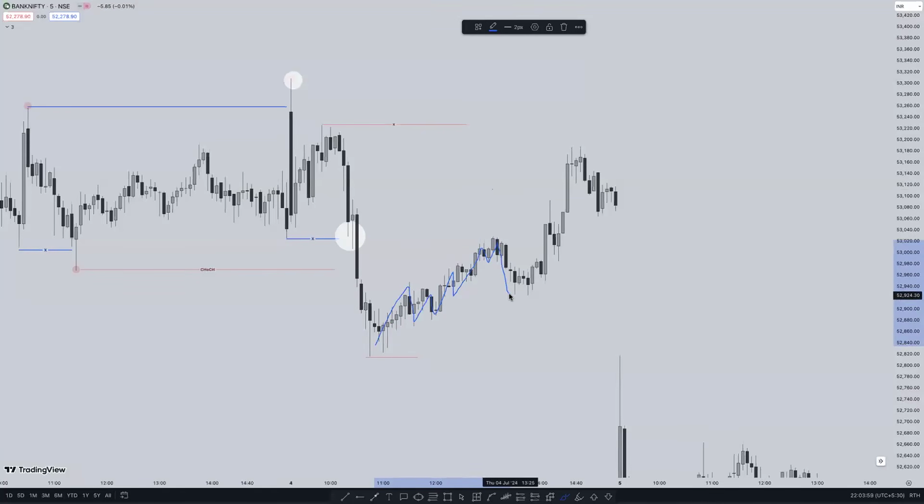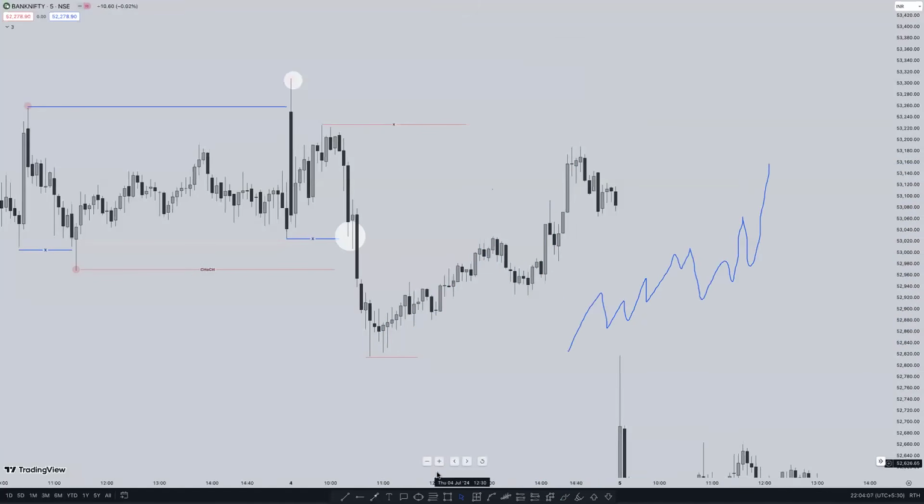It took out the inducement, and we are looking for the buy mitigation and a higher high. Now we can see clearly this time the market grabbed the liquidity right here, which acts like an inducement, mitigation, and buy. Break this one, pull back and buy. So this is a counter trend buy here.